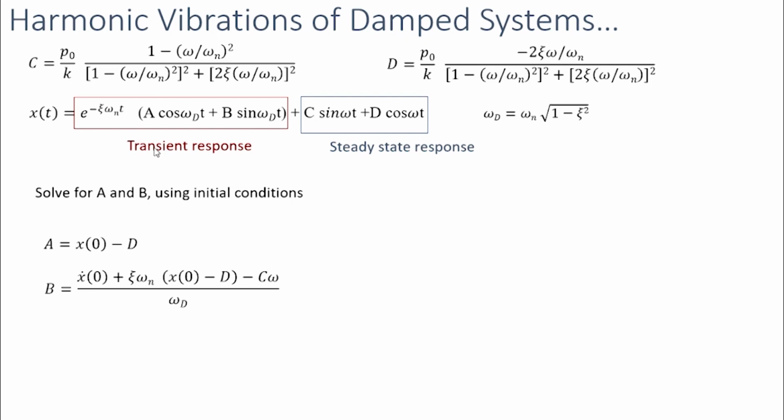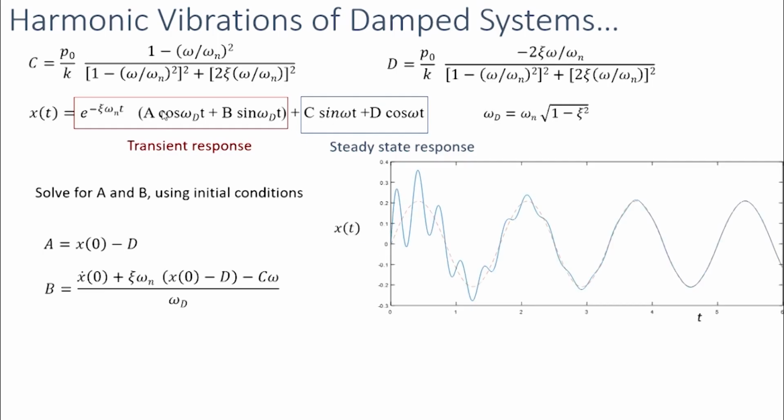If you solve those two equations, we will get the values of A and B. So if you do all that, we will get A equal to x naught, the initial displacement, minus this expression, and B will be equal to this. I'm not showing this derivation in this video, but I would like you to try this out and calculate these constants.